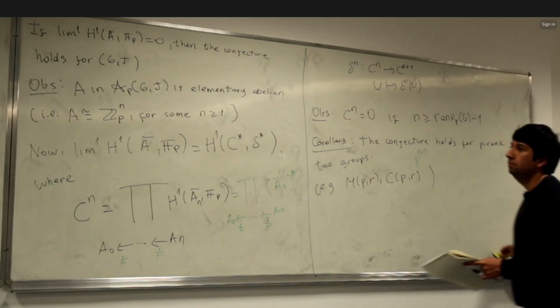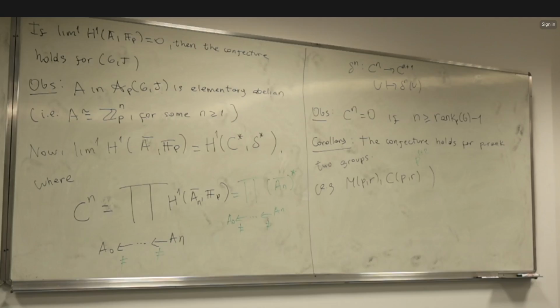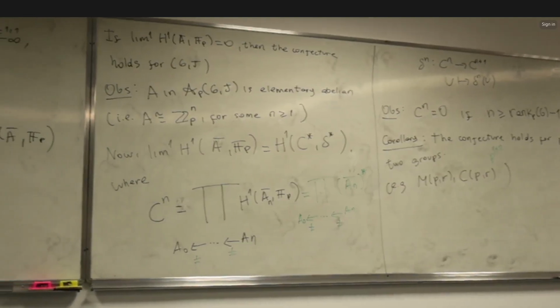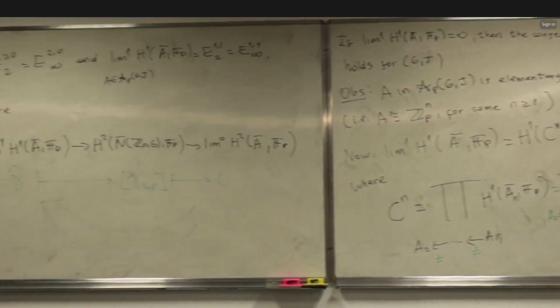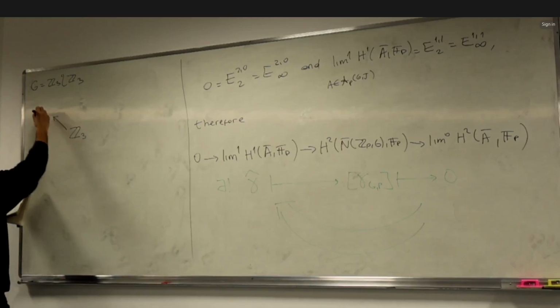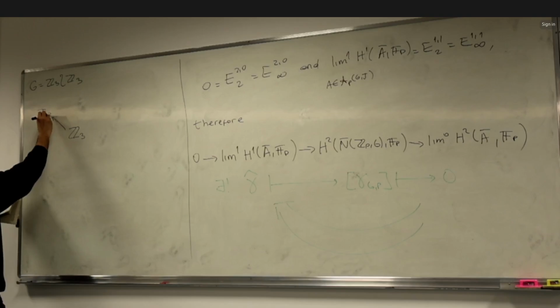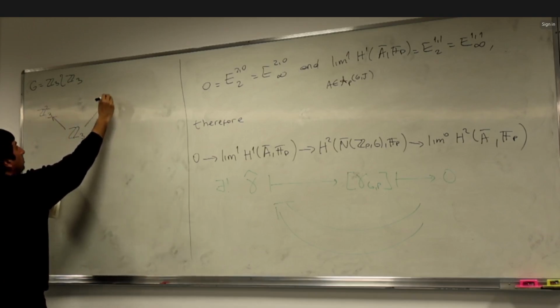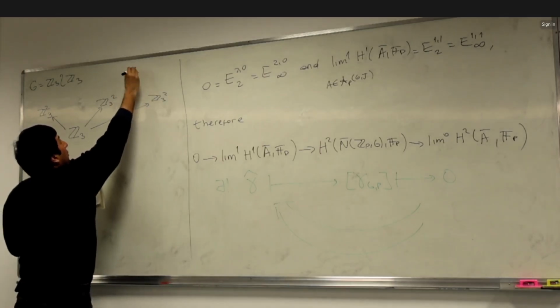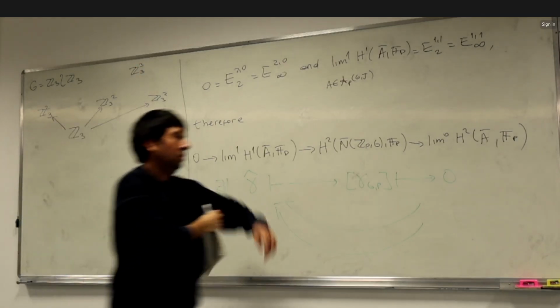Let's give an example. Let's take the product of Z mod 3 with Z mod 3. This is the poset. Z mod 3 squared.